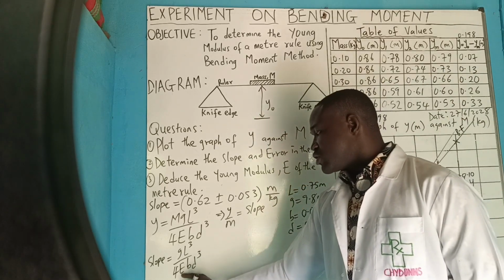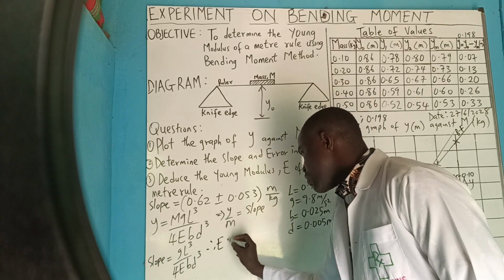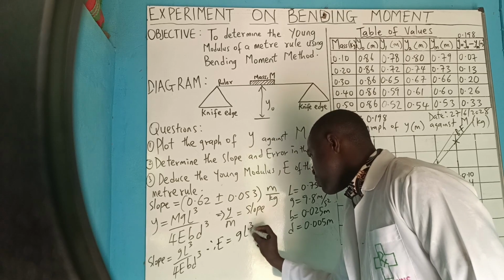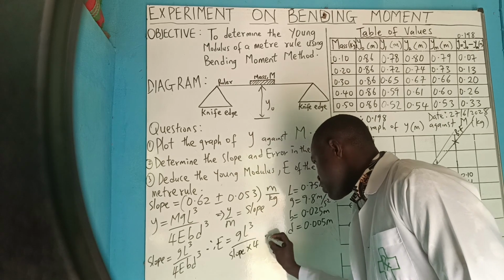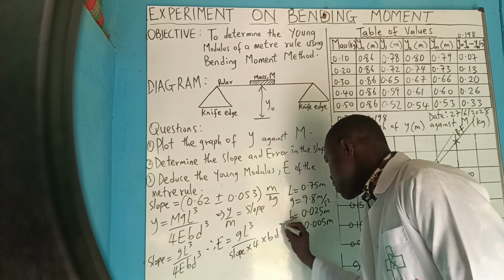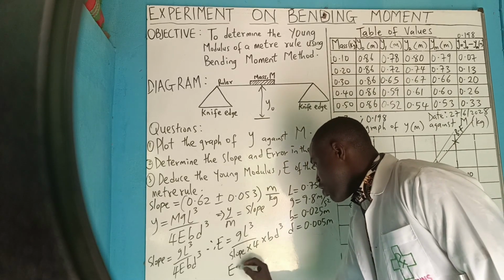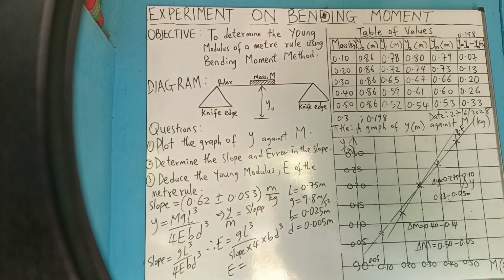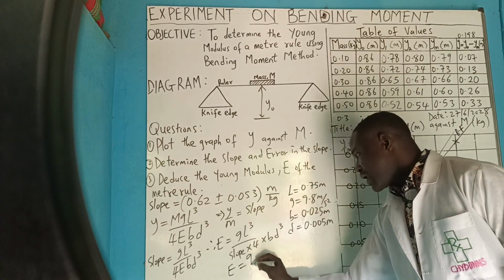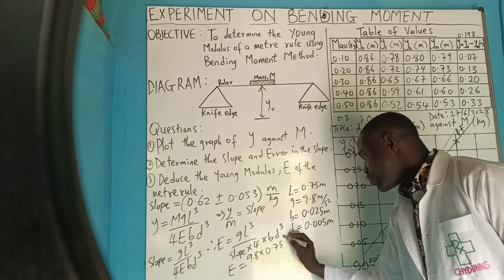Now, making E the subject of the formula, which is the Young modulus, we bring it up, and therefore E will be equal to gL cube all over slope times 4 times bd cube. So we put our parameters accordingly. Our Young modulus will be equal to 9.8 times 0.75 cube.